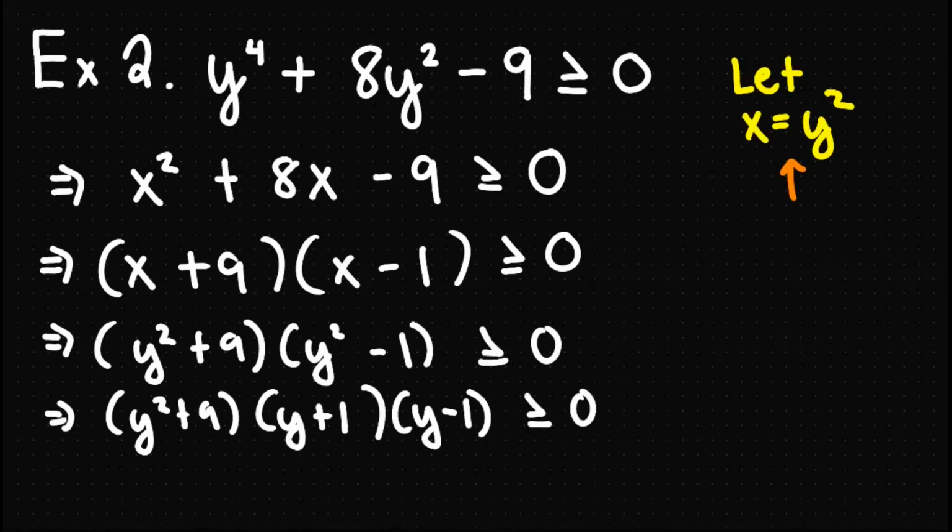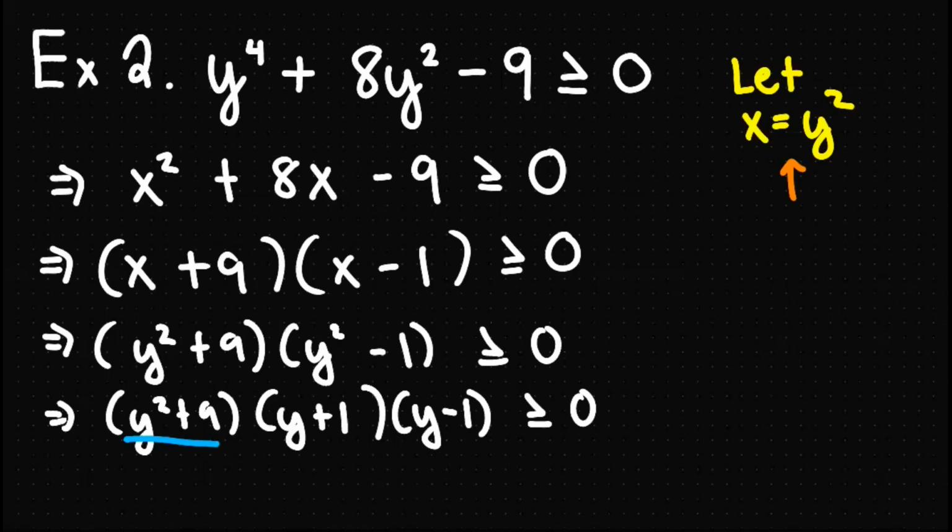So basically, we apply the difference of two squares idea in that one. How about y squared plus 9? Note that we can't really factor this one in terms of real numbers. In terms of the complex numbers, this can be factored, but we're dealing with real numbers out here. So we just leave this one.